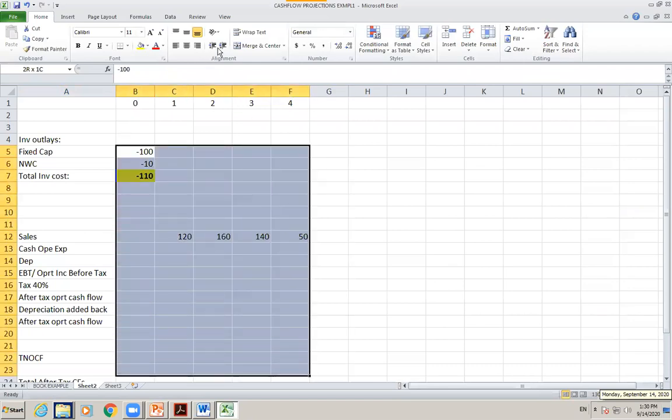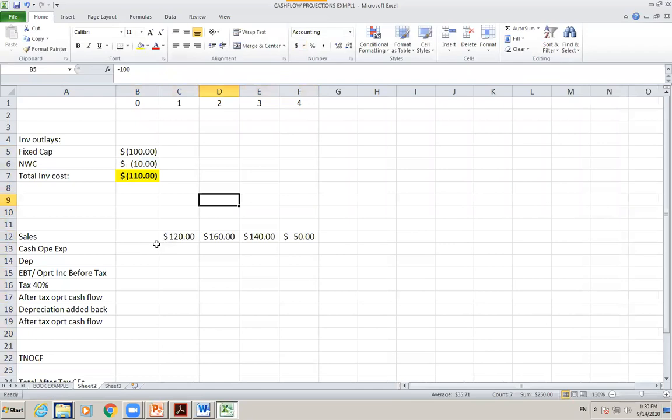These are all in dollars. And we know that cash operating expense is 70% of the sales for the corresponding year. So this amount times 70%, you will get the cash operating expense. And it's the same for all years.